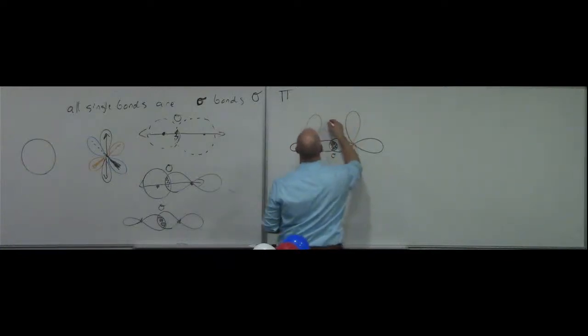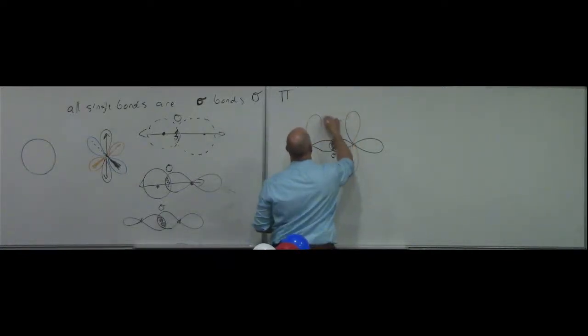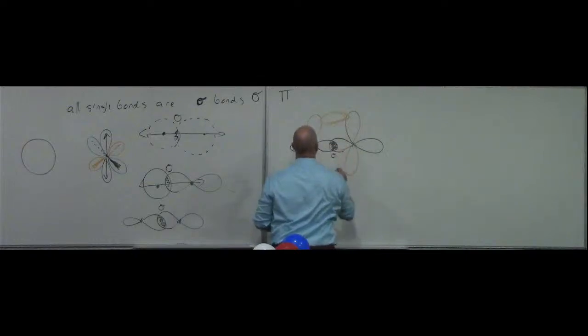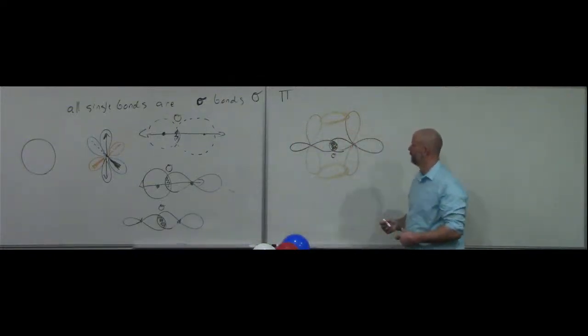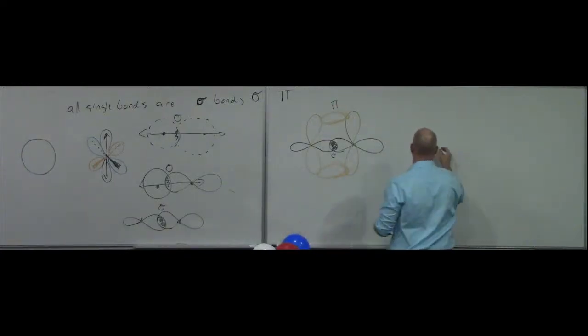And now these two will share electrons in here and share electrons in here, right? And this is what we call a pi bond, right? Or conversely, I could do it this way.